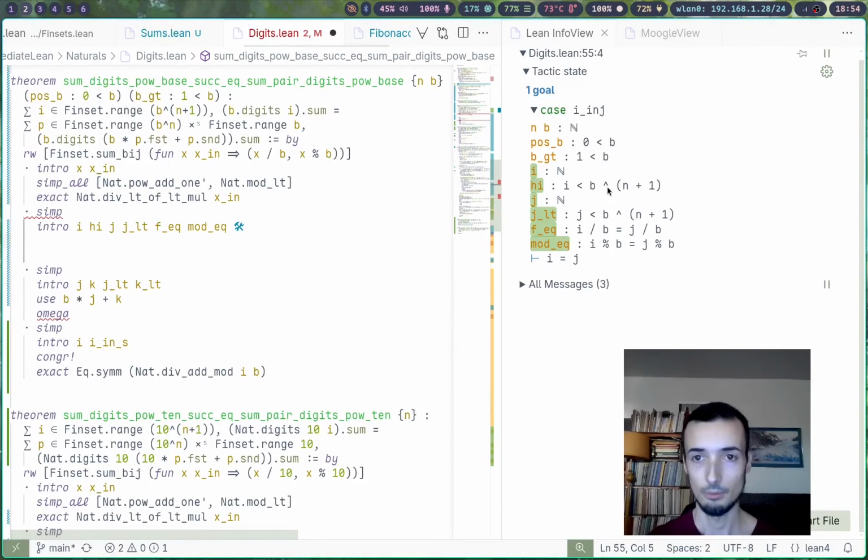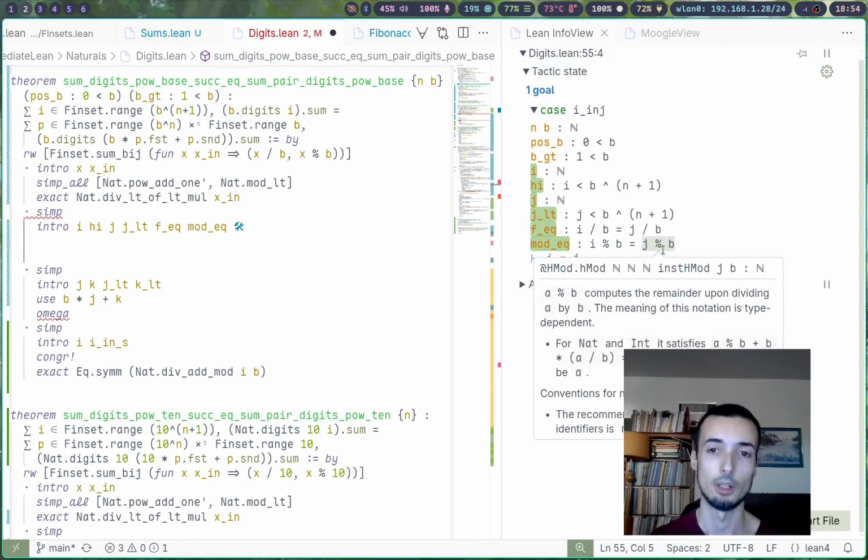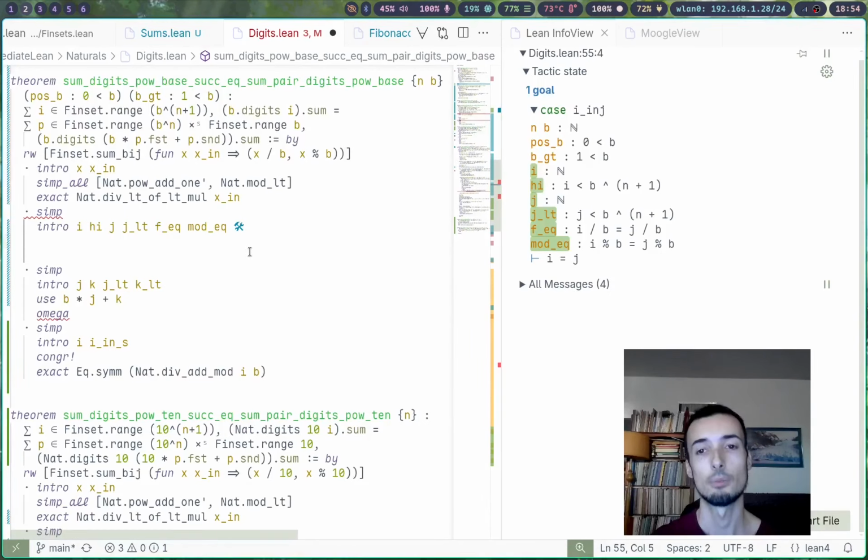So it's possible. If two numbers have, oh, sorry, I'm not thinking about this very well. If two numbers have the same remainder, then they don't necessarily have the same value. But if i divided by b equals j divided by b, and then the modulos of b are equal, they should be equal. So how can we express that, right?